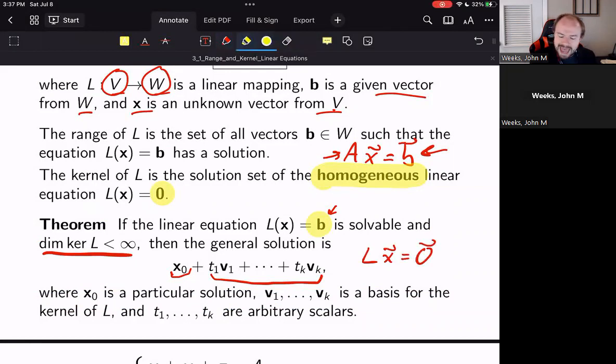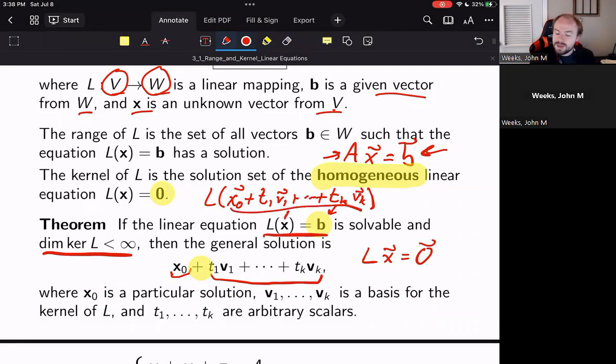So why is it that you're adding these two things together? You may remember from differential equations that if you take L of x naught plus t1 v1 plus dot dot dot plus tk vk, well, if you break this apart into two pieces, you want this equation to be solved, right? You want L of this value to equal b.